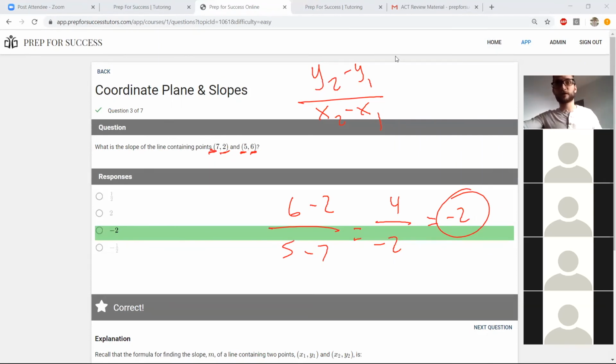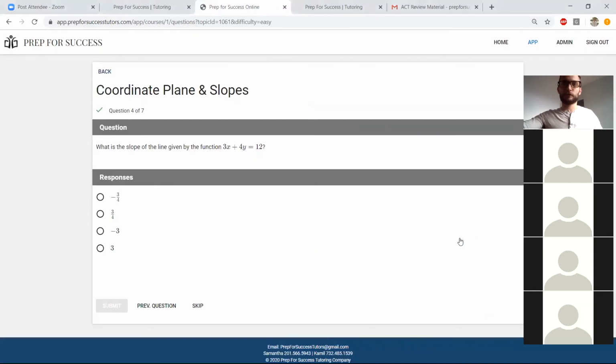Let's take a look at another example. Make sure you feel comfortable. We are going to do this one right here. Take a minute, read this question, write it down, and please put your answer into the poll.